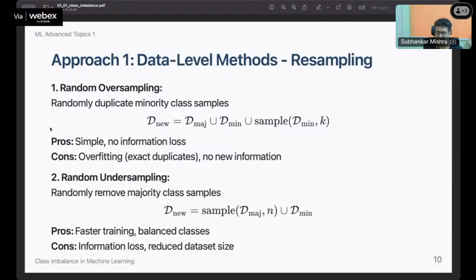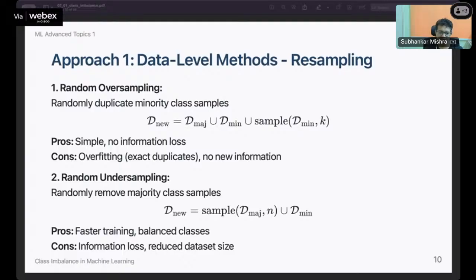You can attack it from the data level, and the other way is you can attack it from the algorithm level.